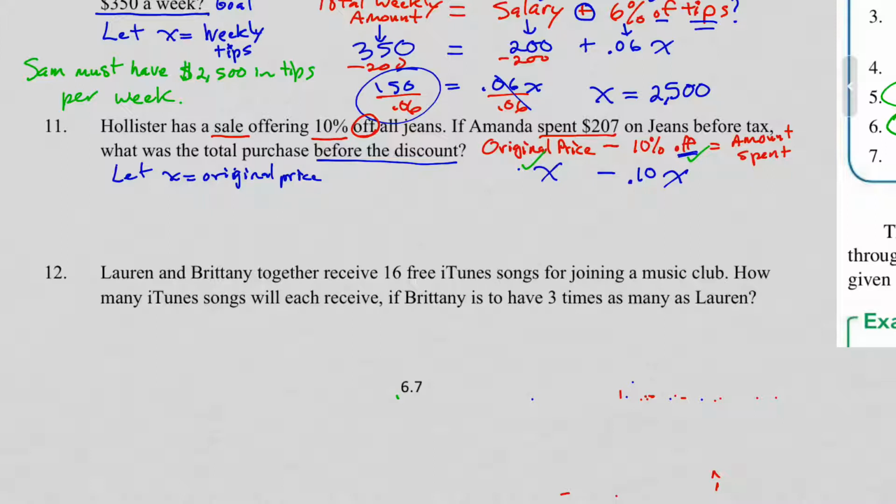So this is what we don't know and we're trying to figure out, but we do know, as a clue, that she spent $207. So now we have basically a 1x minus a 0.10.